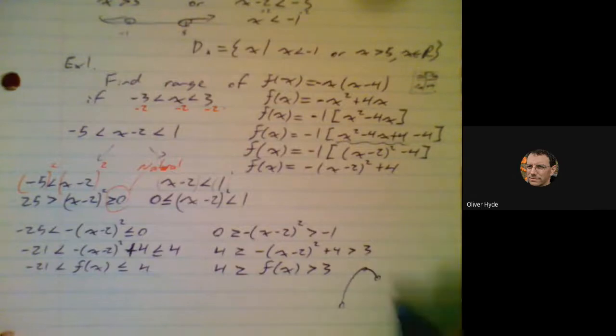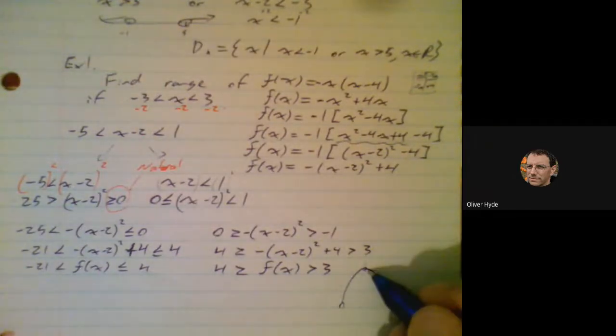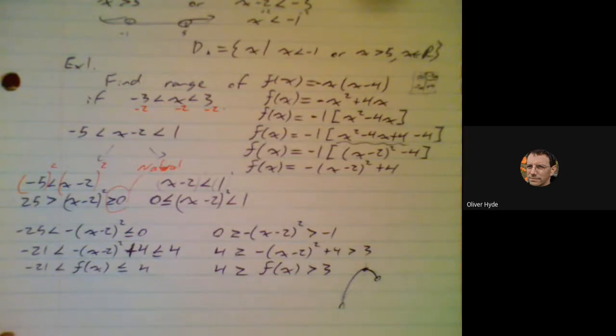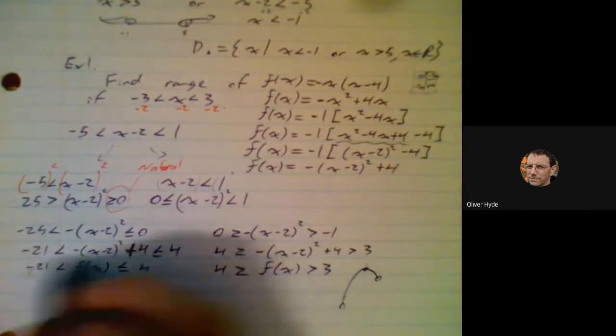That's what we're looking at. You've got a right-hand arm that's between 4 and 3, exclusive on the 3, inclusive on the 4. You've got a left-hand arm that goes all the way down to negative 21. So this function definitely reaches heights like negative 20 and negative 20.9 and negative 20.9999. So there is my range.